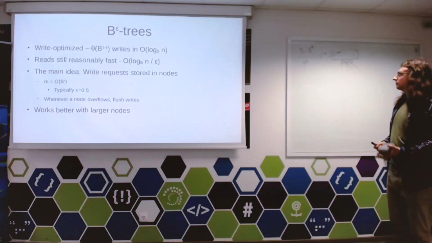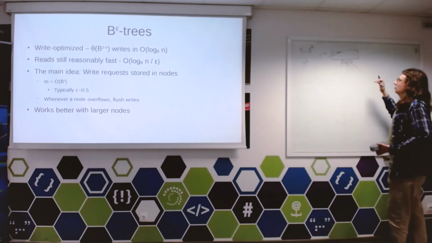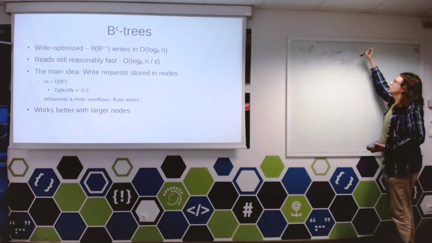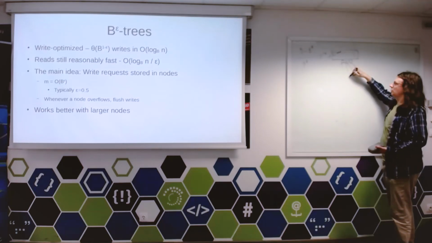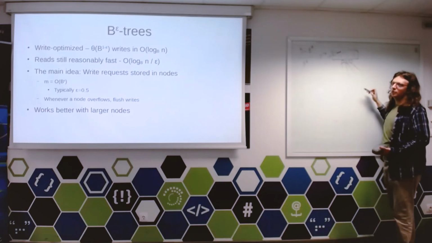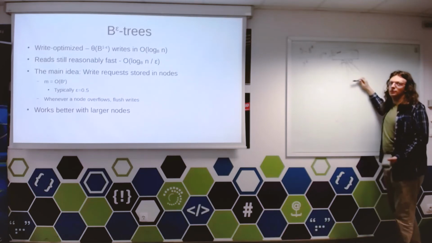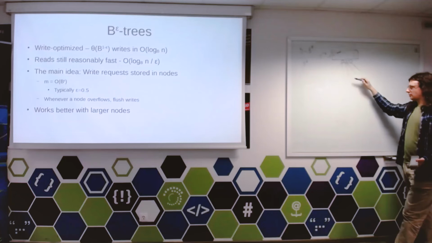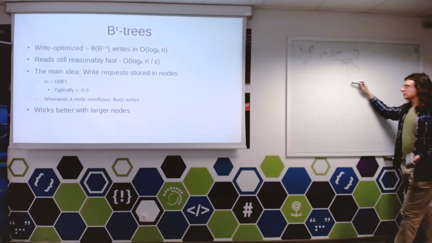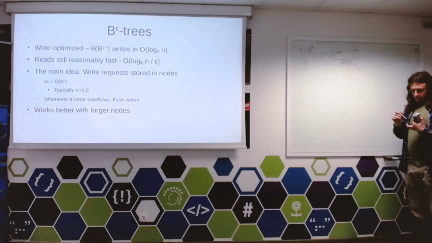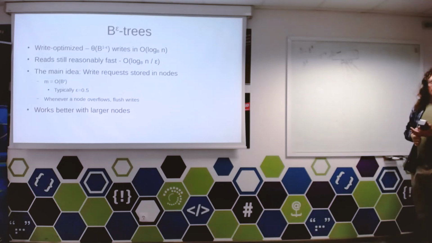So with a single I/O, we remove them from this node, and with a single I/O, we add them to the child where we need to add them. And again, that child might overflow, and if it does, we propagate some of its writes to one of its children that has the most writes, and so on.